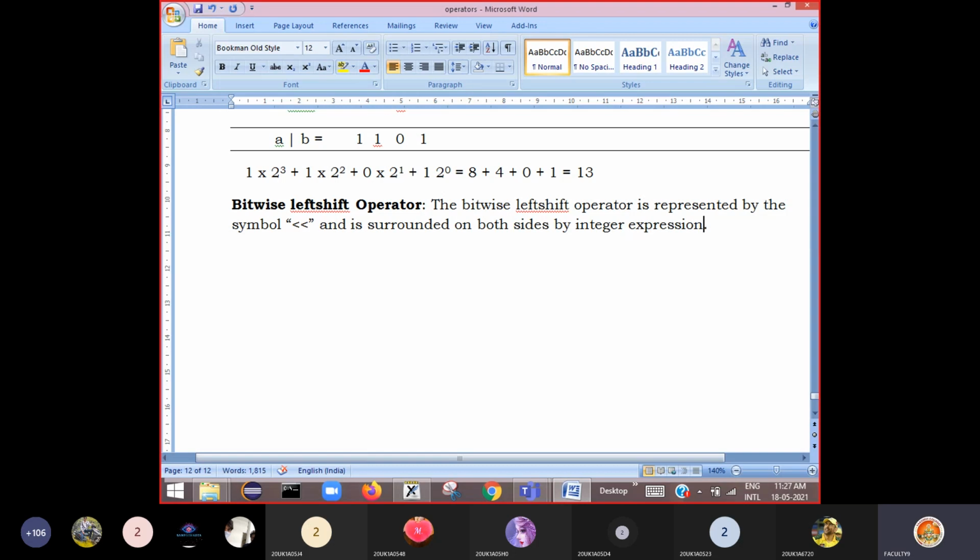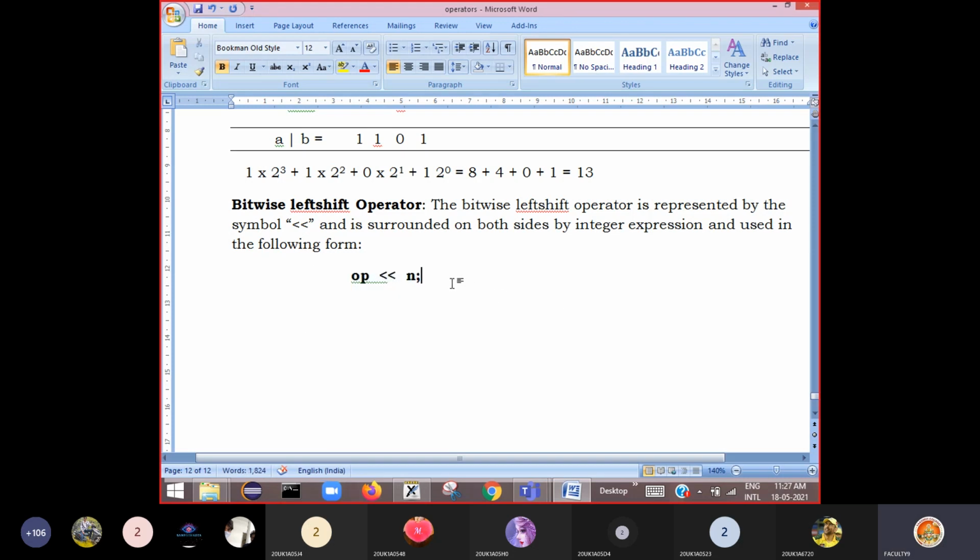and used in the following form. How can we write this? It is nothing but operand double less than n. This is how we write it in the program.